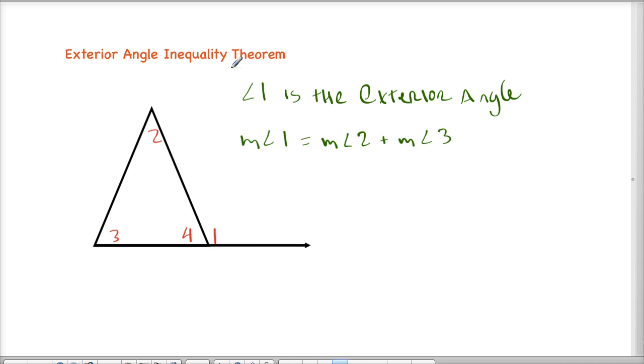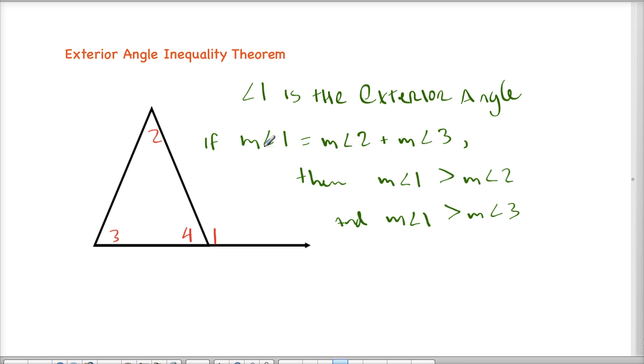The exterior angle inequality theorem uses the definition of inequalities that we talked about in class today. And what that says is, if the measure of angle 1 equals the sum of these two angles, the measure of angle 2 plus the measure of angle 3, which we said happens when you have an exterior angle and two remote interior angles, then the measure of angle 1 has to be greater than the measure of angle 2, and the measure of angle 1 has to be greater than the measure of angle 3.